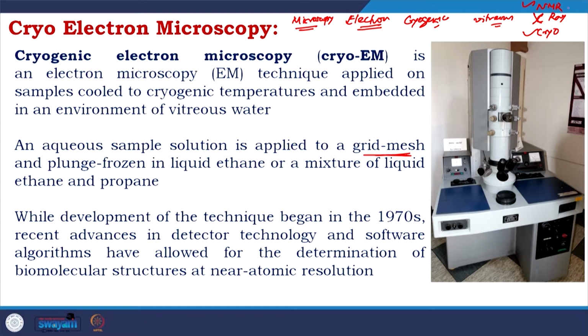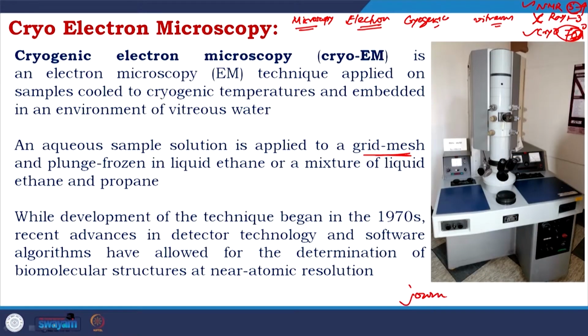If you remember, NMR around, I would say 3 to 4, X-ray 1 to 3 angstrom, cryo started with 70 angstrom or even more, and now the latest structures are even less than 2 angstrom. We will talk about the journey of cryo-EM as a technique, a great journey we will talk about.